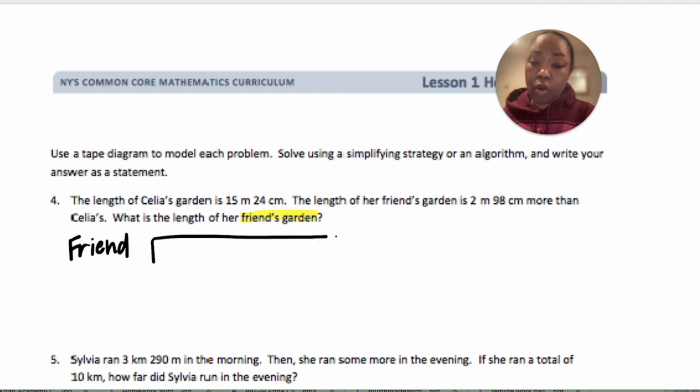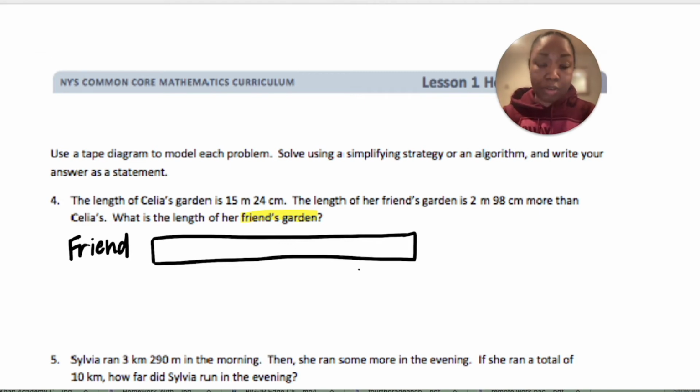We know that her friend's garden is more than hers, right? Which means it's the same as hers and some more, right? If something's more than something, then it's the same as whatever that thing is plus extra. So we know that Celia's is 15 meters, 24 centimeters.